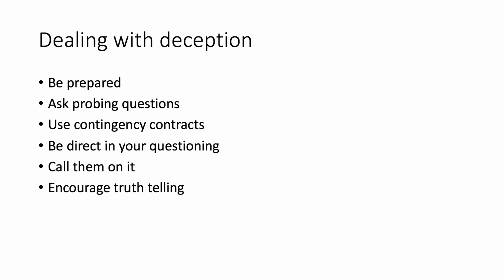You might be in a space where somebody is trying to deceive you. We talked about the use of contingency contracts. So if I don't believe what you're saying, then I might say, okay, if that's the case, if you can guarantee me X, if you can write that down, I'm willing to sign the paper, right? So if-then statements in contracts that say, if this is true, then this will happen. That can be a way forward.